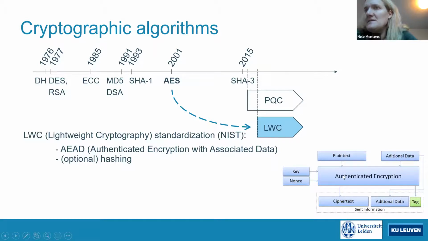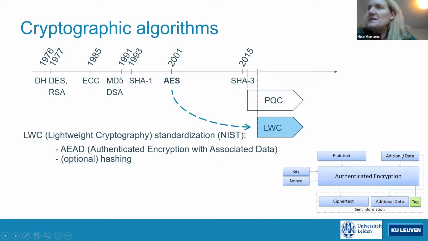That's one thing. But the other thing is that we want to form a tag that can be used by the receiver to check the integrity and also the authenticity of the sender of the data. And it's not only plain text information that is added to this tag, but also additional data, like for example the header of a message that should not be encrypted.